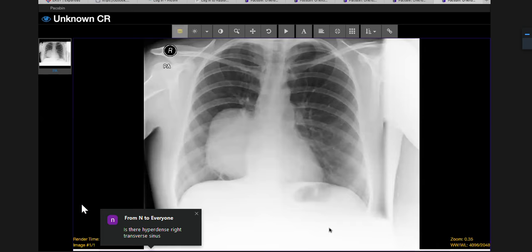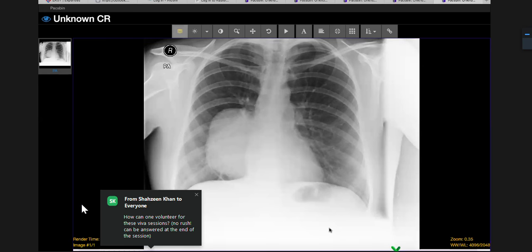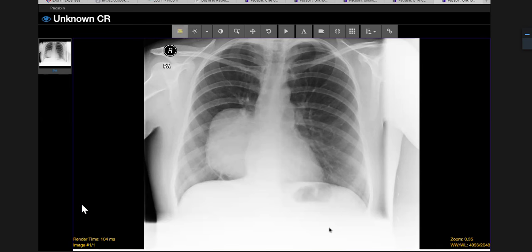Right. So this is a frontal chest radiograph, a posterior anterior projection of an adult patient. What catches my eye immediately is a well-defined oval opacity on the right, mid to lower medial zones. I can appreciate the heart border separate to this mass, as well as the right hemidiaphragm.